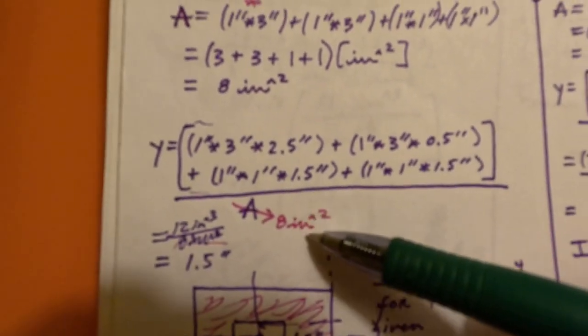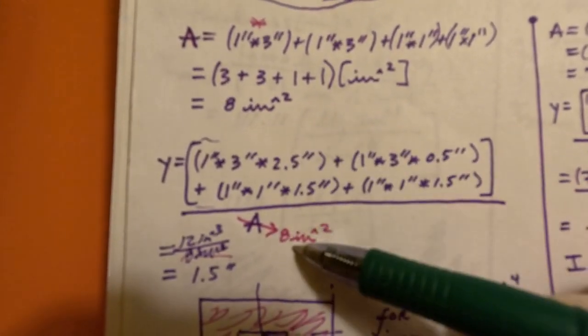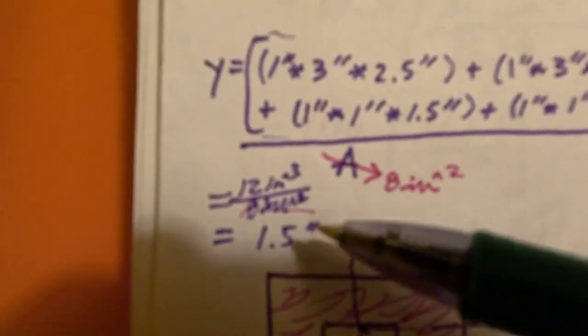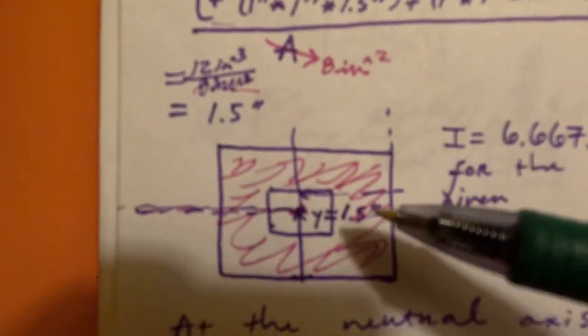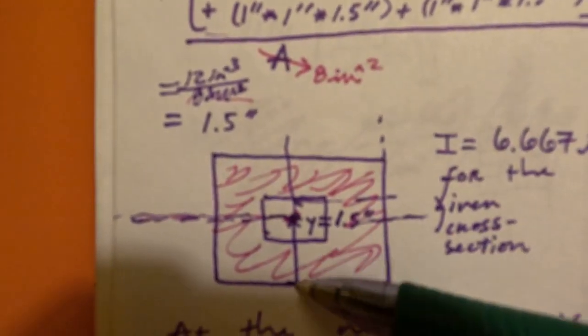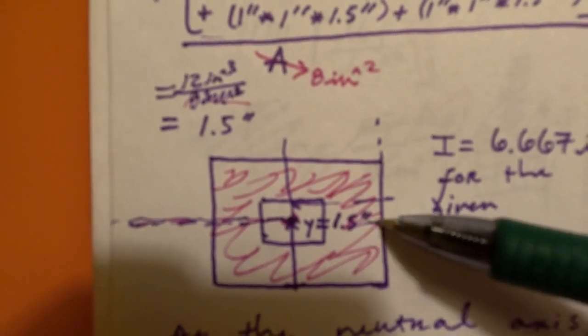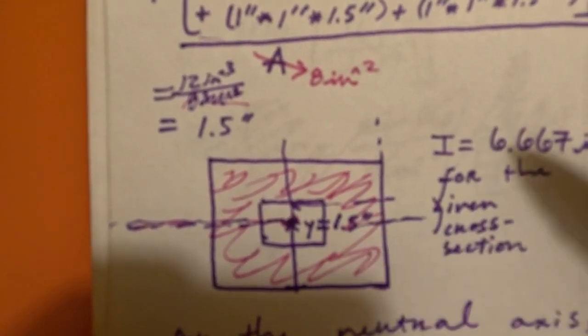We divide by the overall area, which was 8 inches squared. Then we get that the y neutral axis is 1.5 inches away from this bottom portion. So that is the neutral axis as far as the y component is concerned.